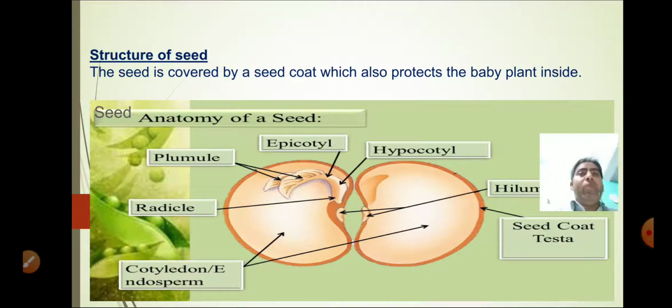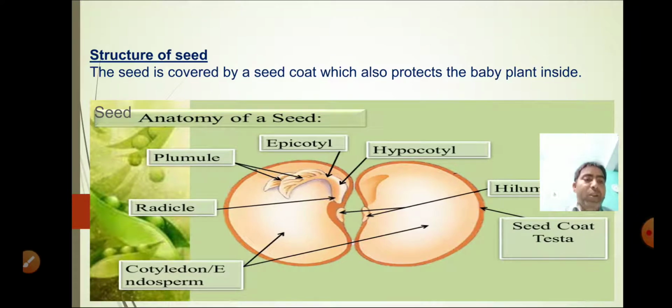In a normal way, we can say that a seed is a small, round, or oval object produced by a plant, from which, when it is put into the soil, after getting suitable conditions, a new plant can grow. That is a seed. Now come to the structure of a seed.